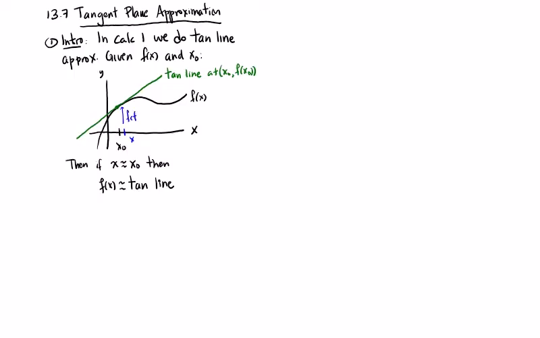The function is approximately the tangent line. Of course, as x gets further away from x sub 0, the approximation gets worse, but it's a pretty good approximation, right? Now, you might think this is sort of goofy, like why would this be useful?